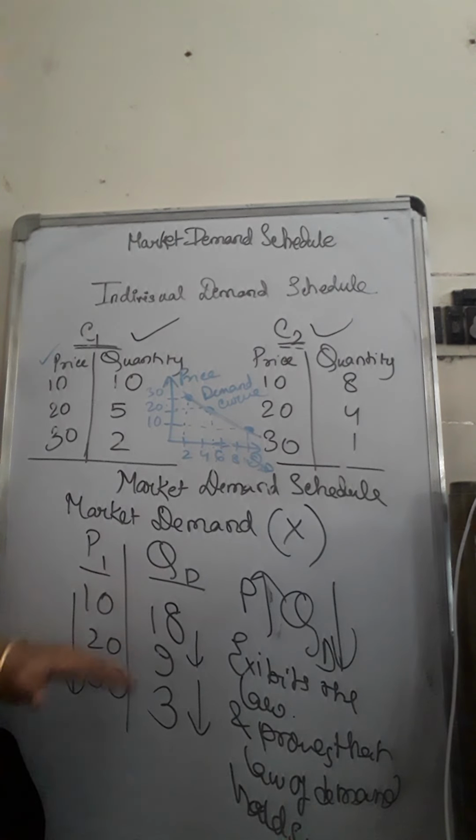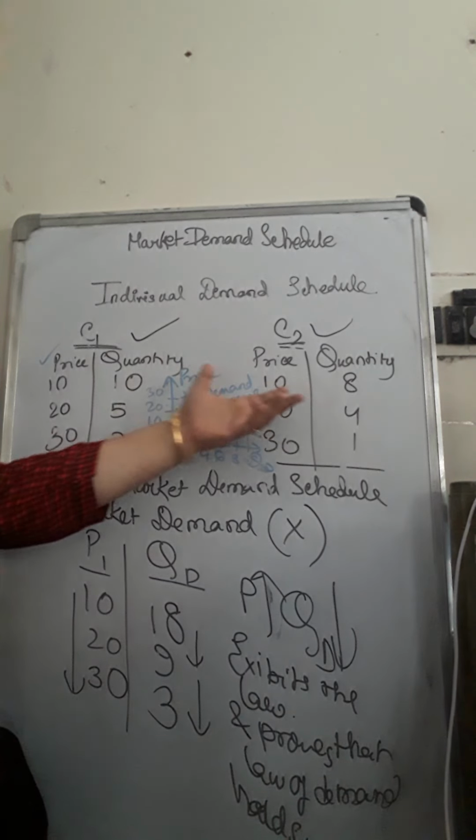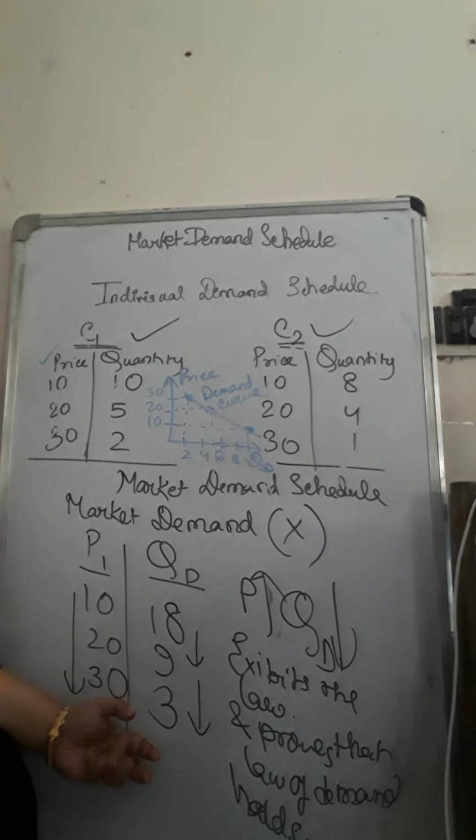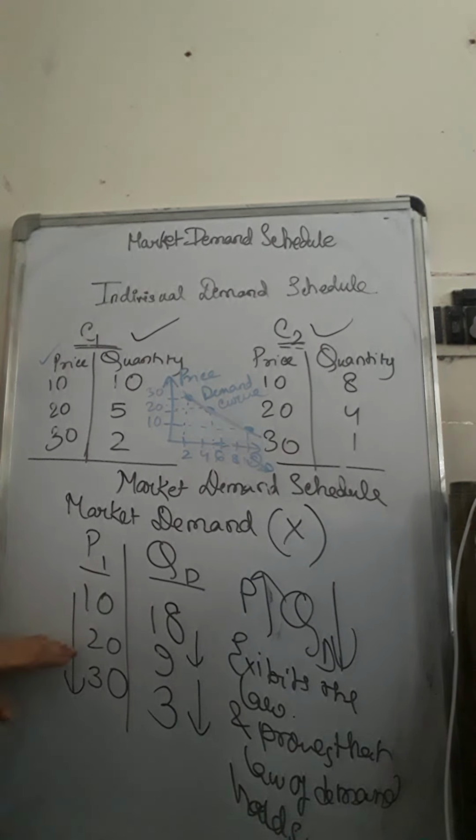Now, where did we draw the market demand schedule from? By adding up the quantity demanded of both the consumers, we get the market demand, because here I have assumed that there are only 2 consumers for the product in the market. If you plot these prices and quantities in the graph, with prices in the vertical axis and quantity demanded in the horizontal axis, you will get a market demand curve, which also proves the law.